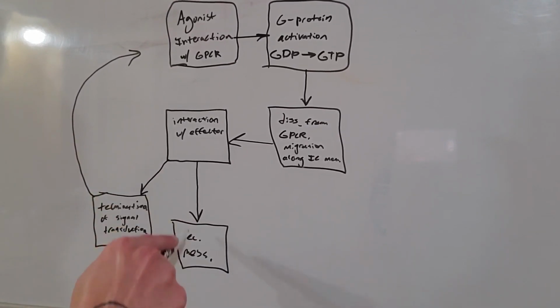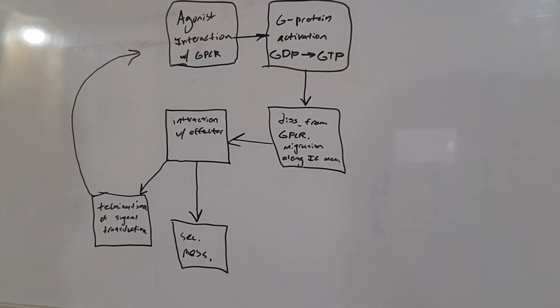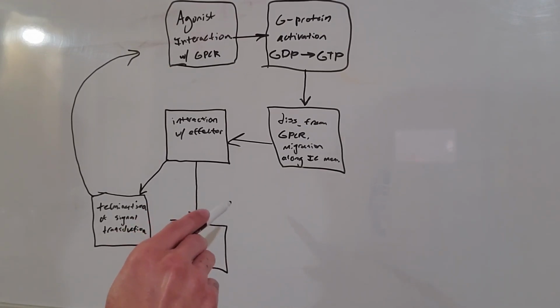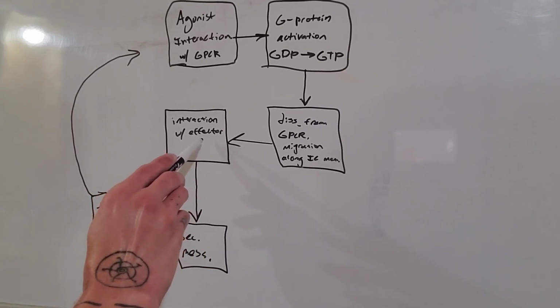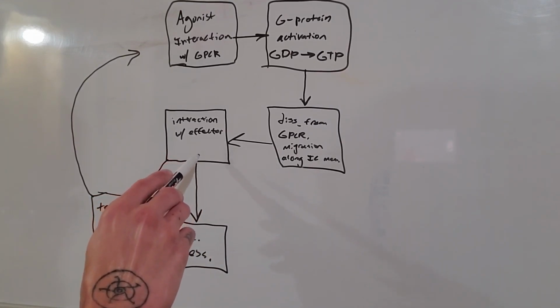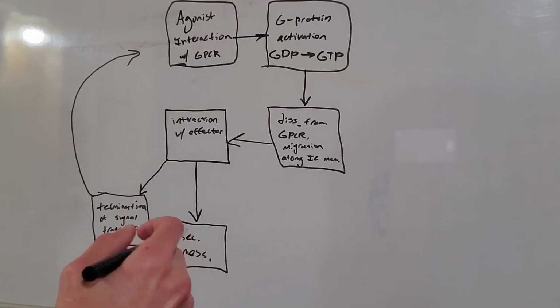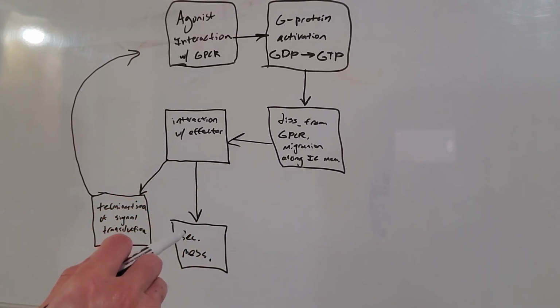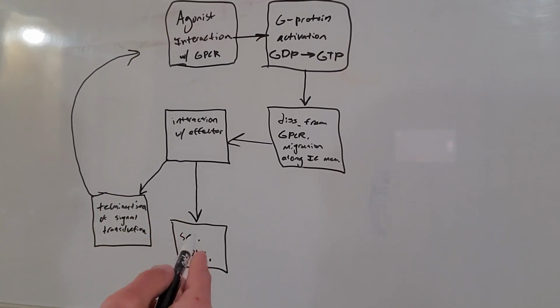But after the production of a secondary messenger, like in the case, I'm using cAMP as an example because it's well studied and pretty easy to illustrate. So in the case of cAMP-dependent signaling, this effector here would be adenylate cyclase, a membrane-associated enzyme that, when activated by the G protein alpha subunit, synthesizes cyclic adenosine monophosphate, which is the secondary messenger in this case.